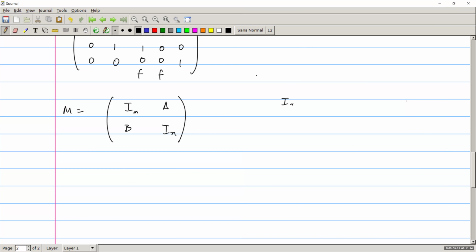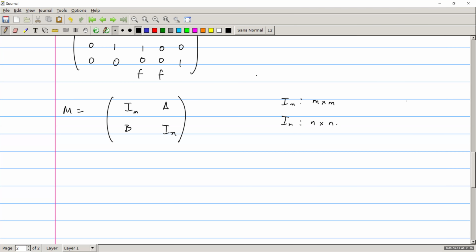I_M is an M by M identity matrix, and I_N is an N by N identity matrix. So this is a matrix, and we are seeing blocks of the matrix. Now tell me what should be the size of A and B.